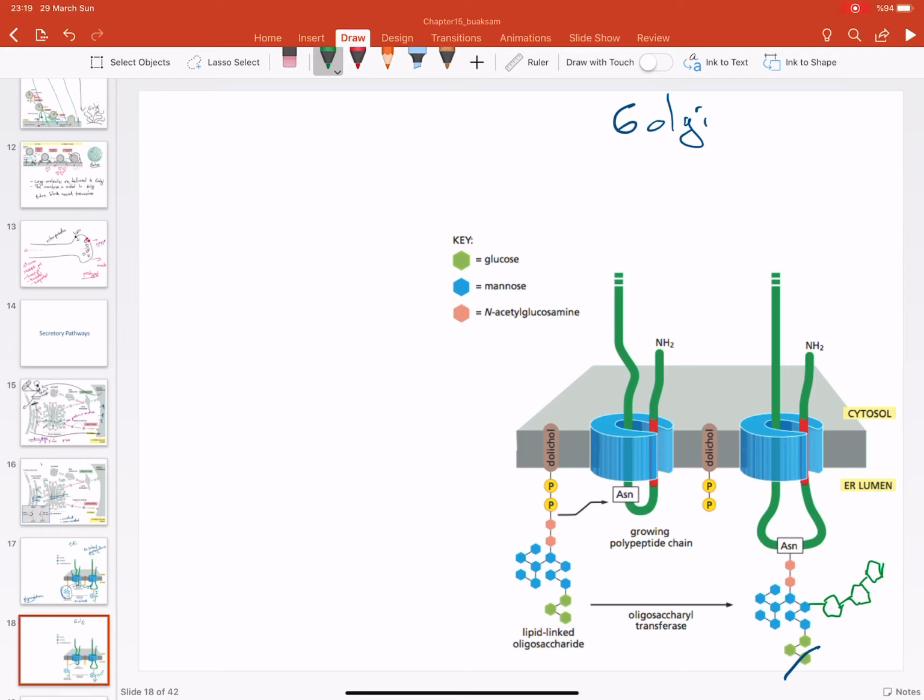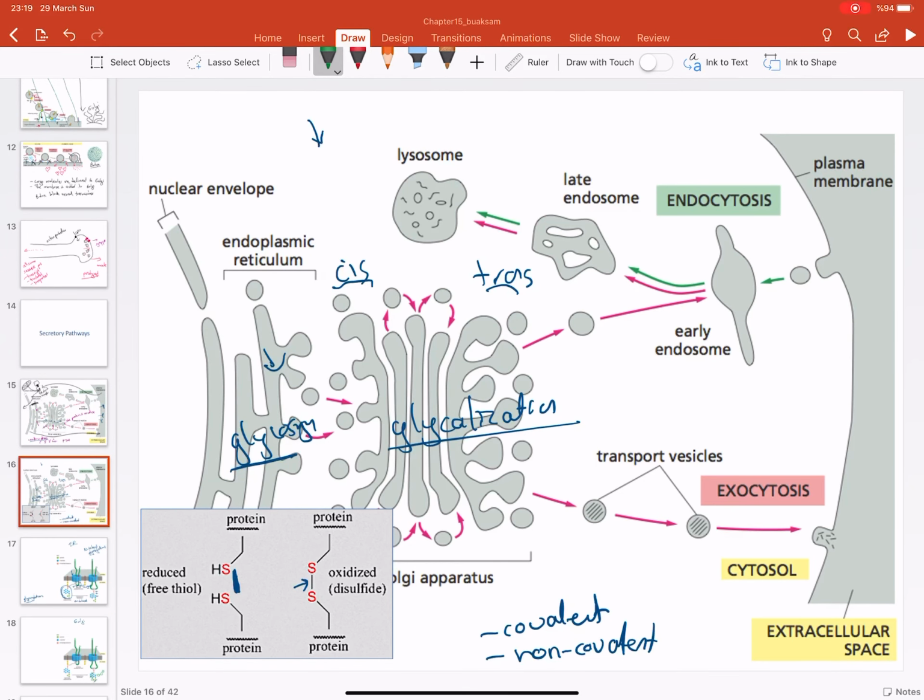So they are more diverse than proteins in the case of shape and bonding. They are going to change step by step. Maybe in the next step these two are gone, and maybe in another step some other sugars are added. So it is modified step by step in the Golgi until it reaches the trans Golgi.